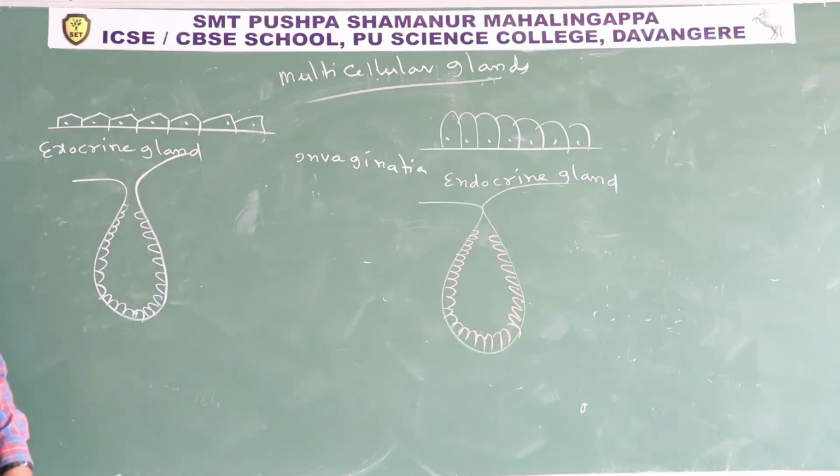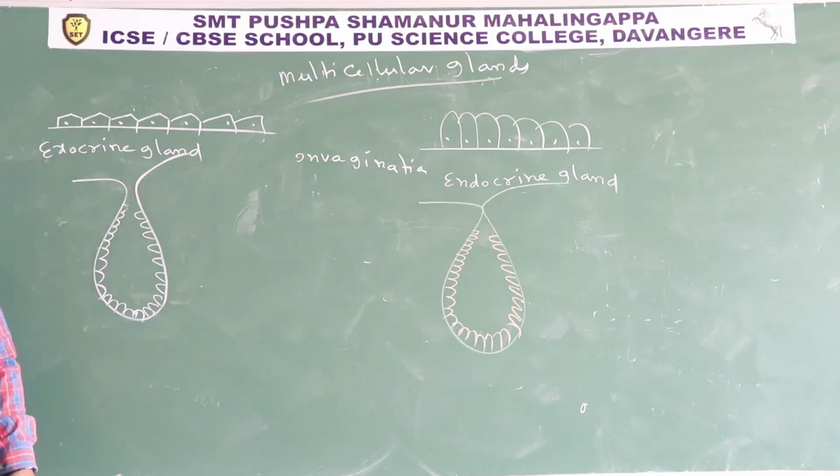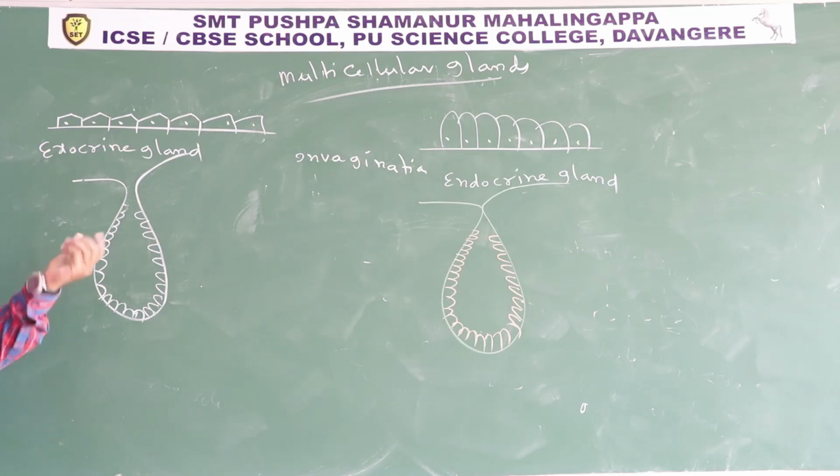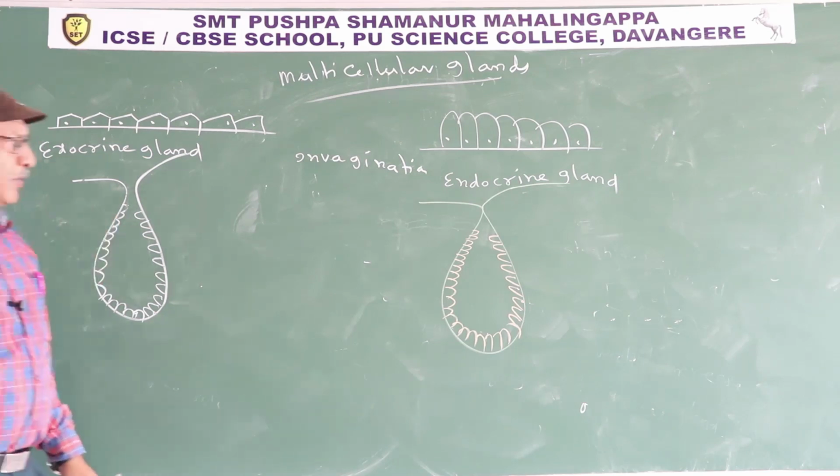Here is another possible question: distinguish between endocrine gland and exocrine gland. Exo means outside, crine means gland. A simple definition: exocrine glands have ducts, endocrine glands are without ducts. Or another answer: exocrine glands release the secretion to the target organ through ducts.